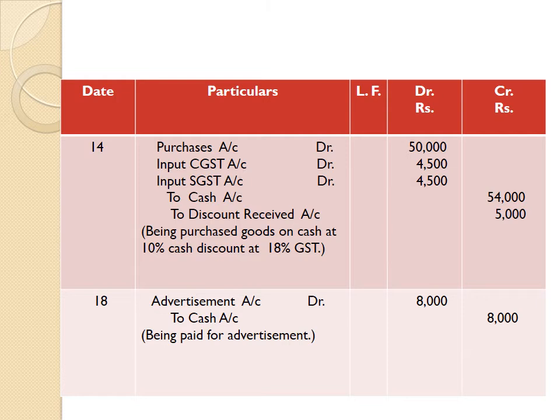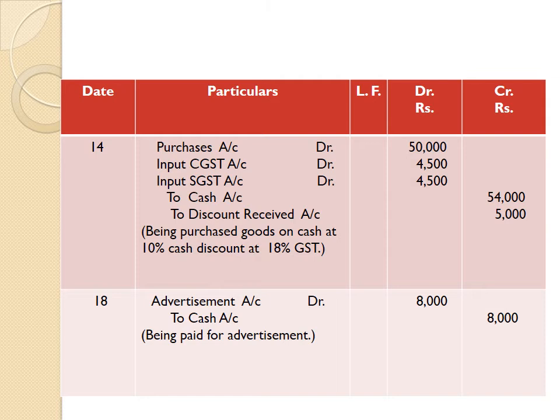So input central GST CGST account debit 4,500, input SGST account debit 4,500, to cash account 54,000. We have received a discount of 10%. So to discount received account, 10% of rupees 50,000, that came to rupees 5,000.